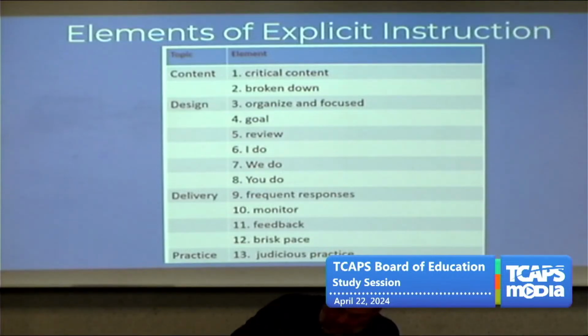We review prior knowledge to help onboard students to what they're going to be learning, and then we engage in that I do, we do, you do, otherwise known as a gradual release of responsibility. The delivery component, again, we're eliciting frequent responses, monitoring and providing feedback, and moving at a brisk pace, which I am modeling right now. Moving pretty quick here.